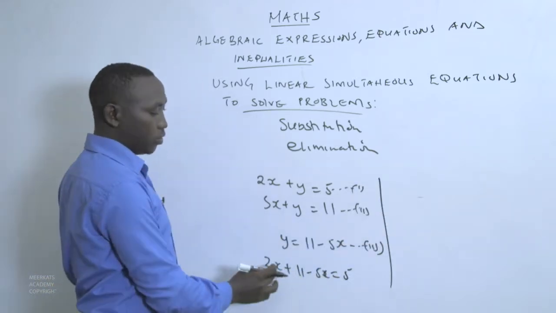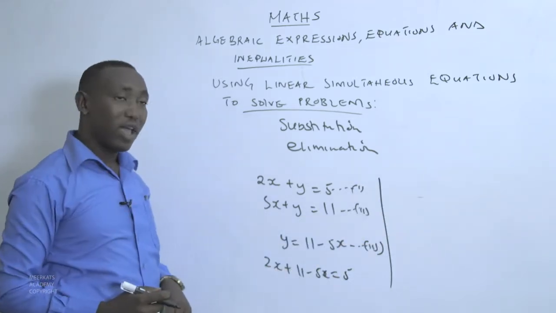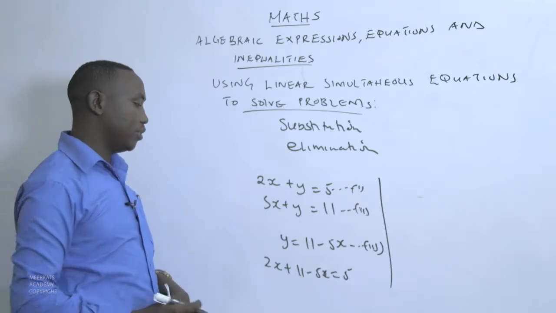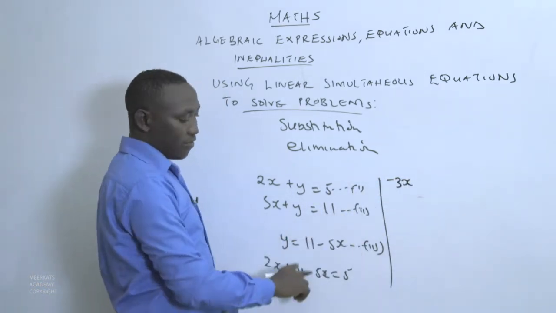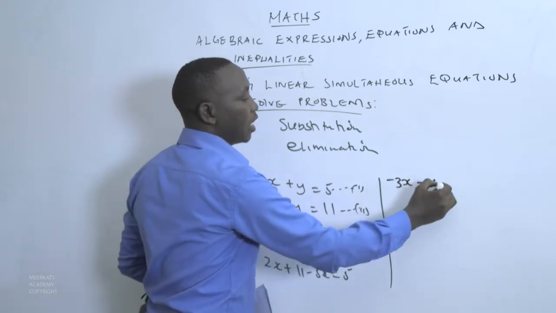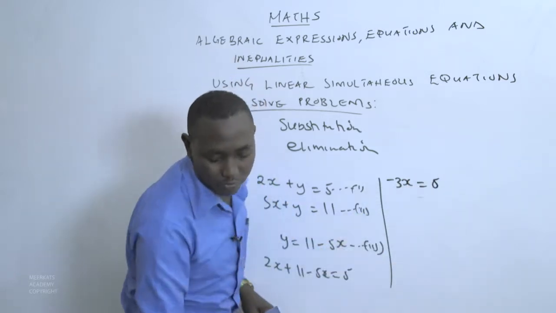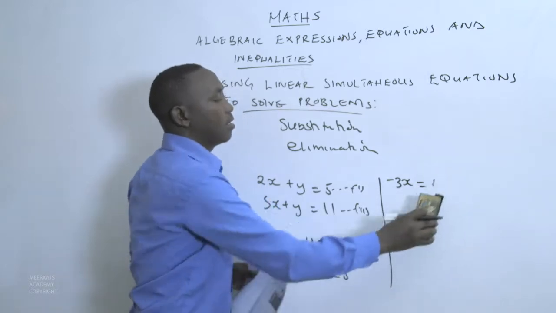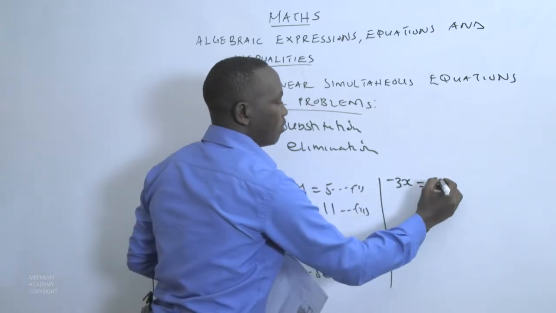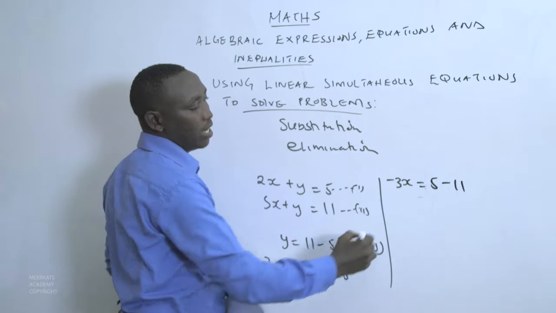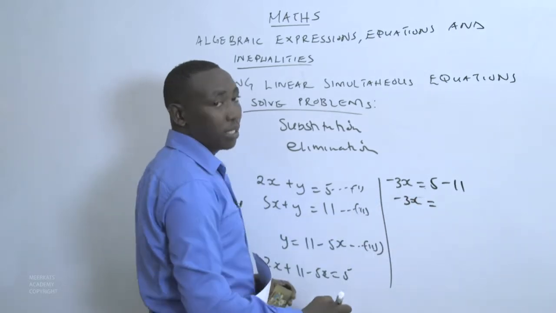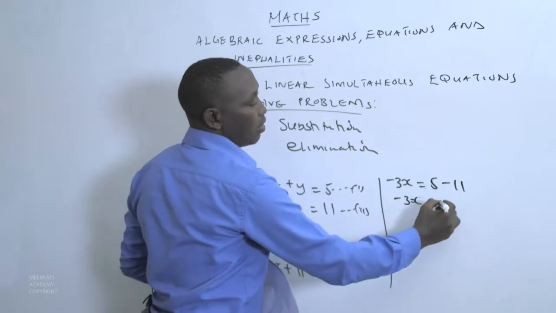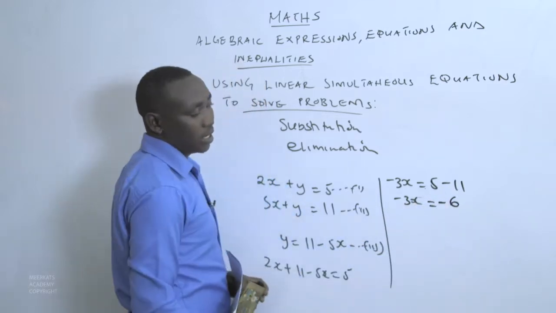When we solve this, 2x subtract 5x, which are like terms, you'll get negative 3x plus 11 is equals to 5. 11 will go to the other side, so 5 less 11, this will be negative 3x is equals to 5 minus 11, which gives us negative 6.